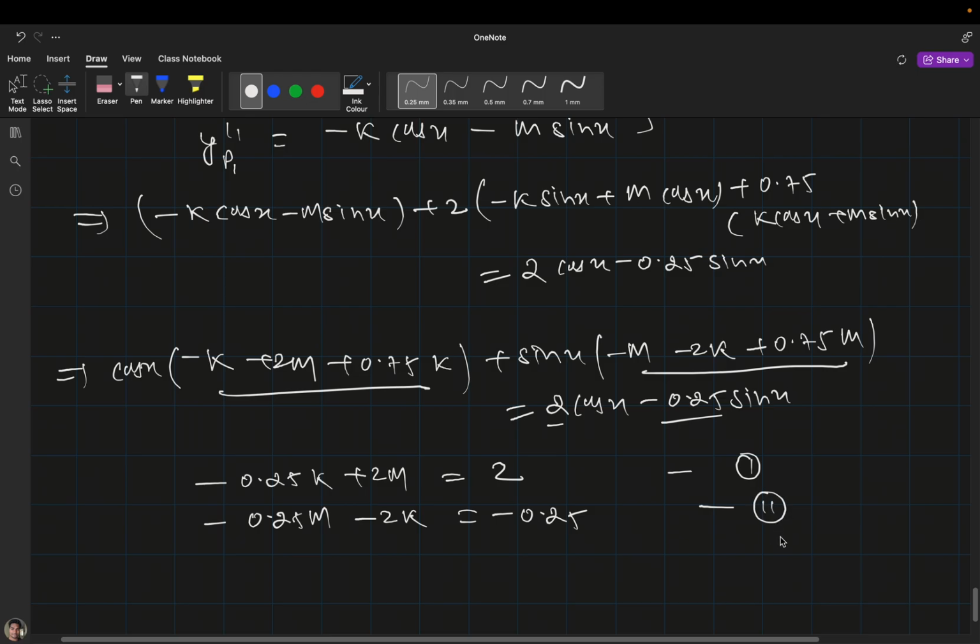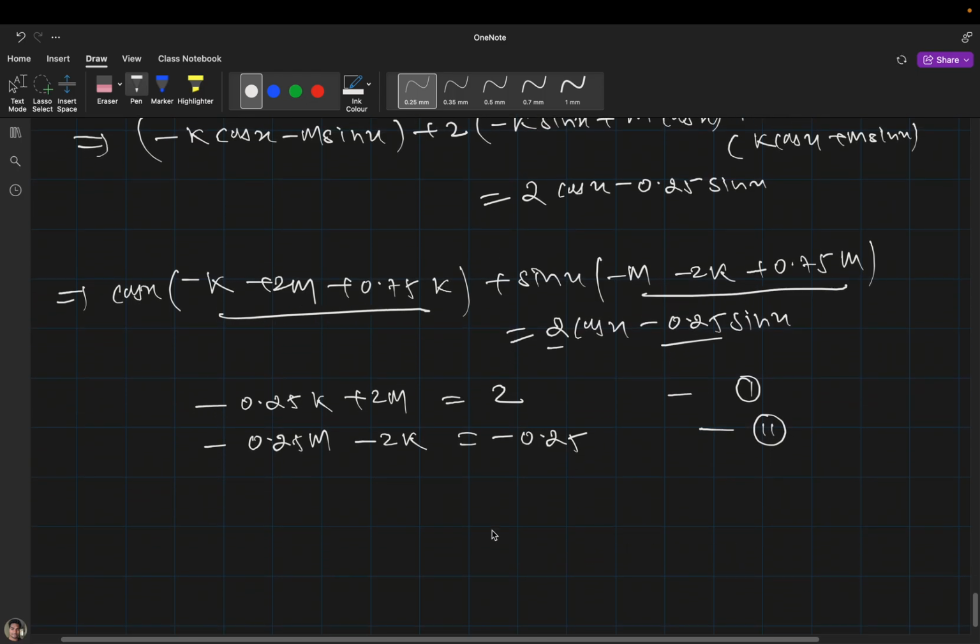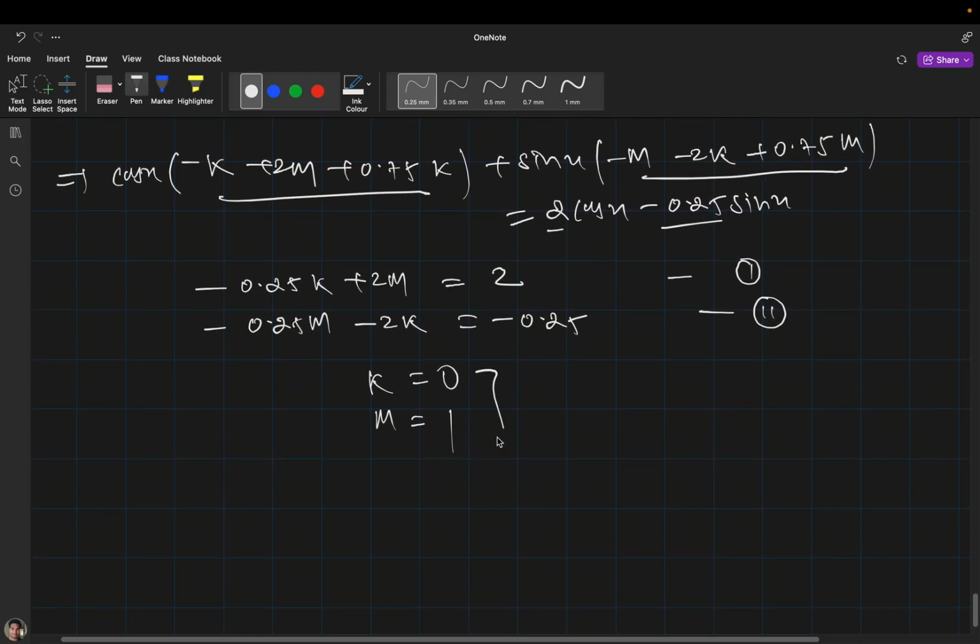This is the equation number 2. Okay, now after solving this, you will get k equal to 0 and m equal to 1. If you solve this system of linear equations, you will get this.